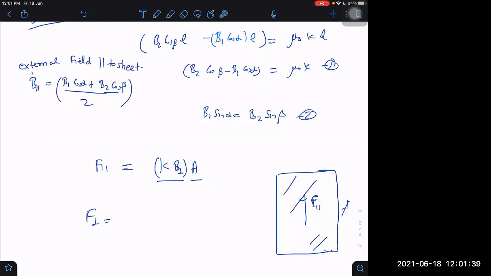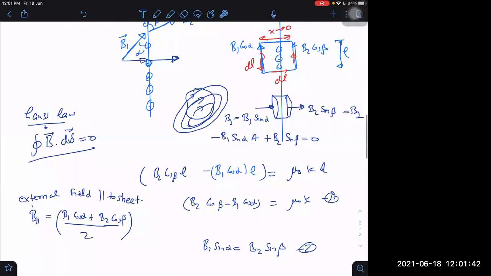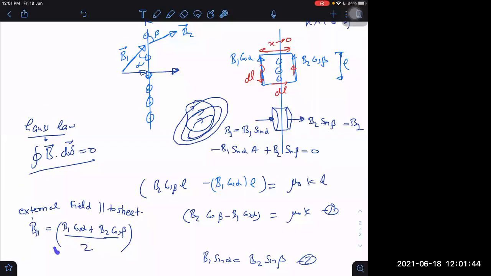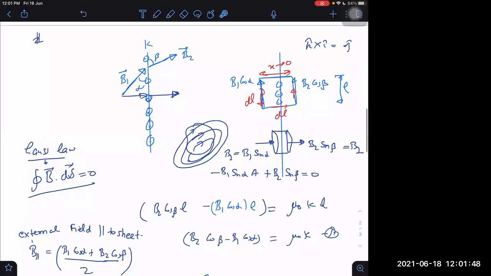First understand why it is parallel. I am saying it is B1 cos alpha plus B2 cos beta by 2. The reason is, see what the field is here. Let us say the external field is B parallel. I don't know what that is, but let us say it is B parallel. This side also it is B parallel. Now, what is the internal field?